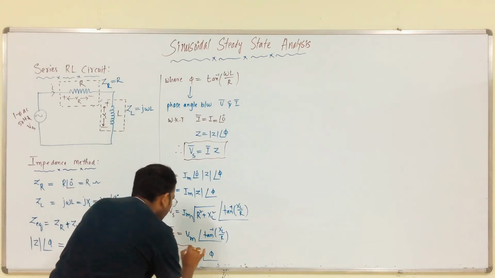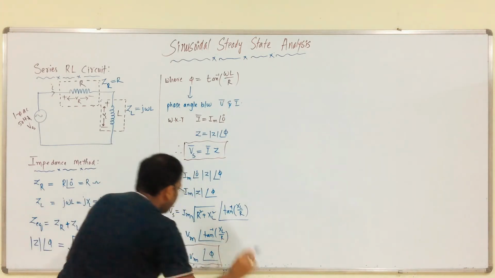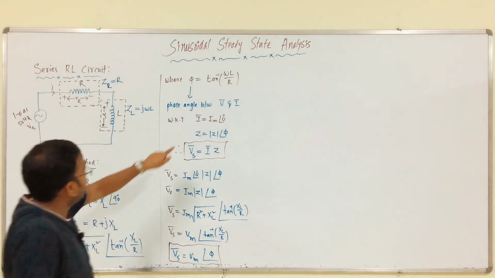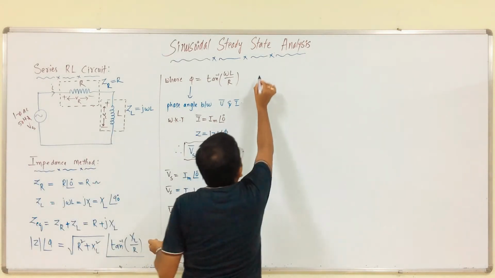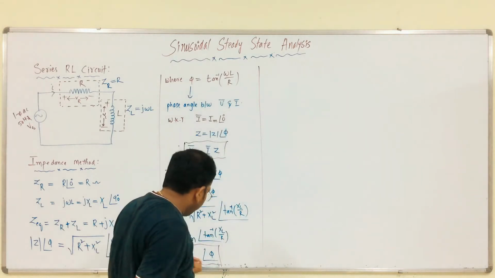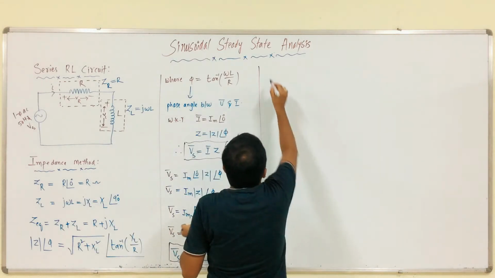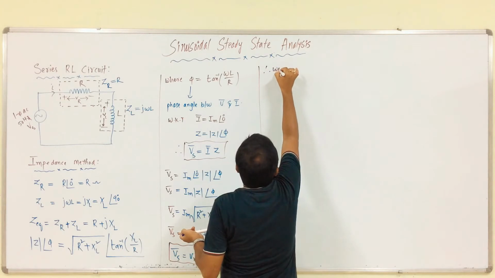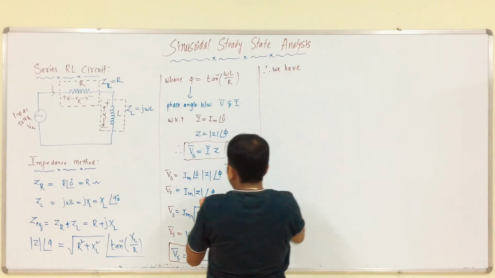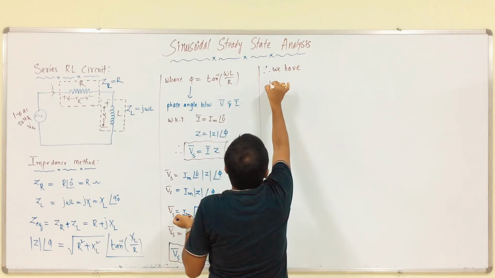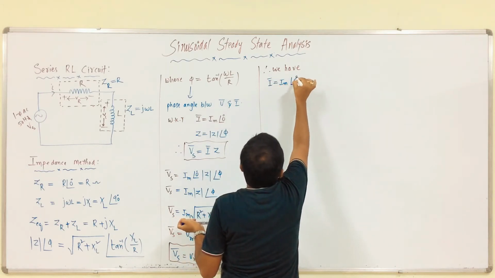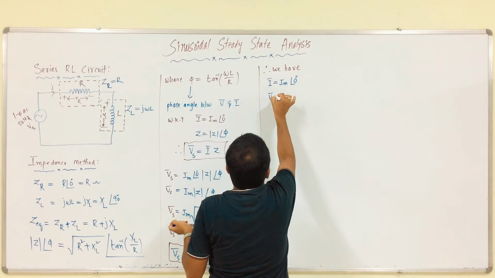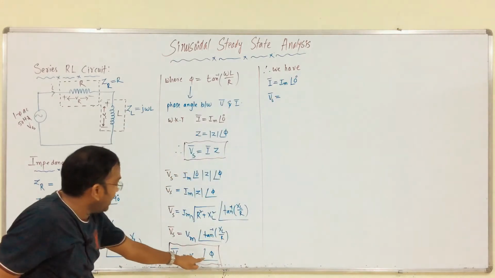See, what we have? Current is I m at an angle 0, voltage is V m at an angle phi. This is a very important observation, listen all of you. Therefore, we have current I m at an angle 0, and supply voltage V m at an angle phi, right?